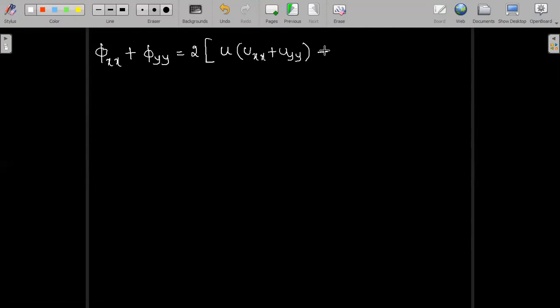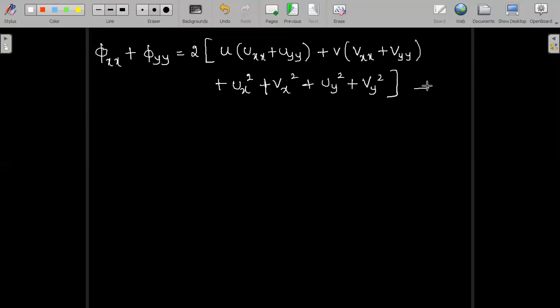And when I take v common, I remain with vxx plus vyy. The remaining terms also I will write down as it is, plus ux square plus vx square plus uy square plus vy square. And I'll call this equation 1 for us.